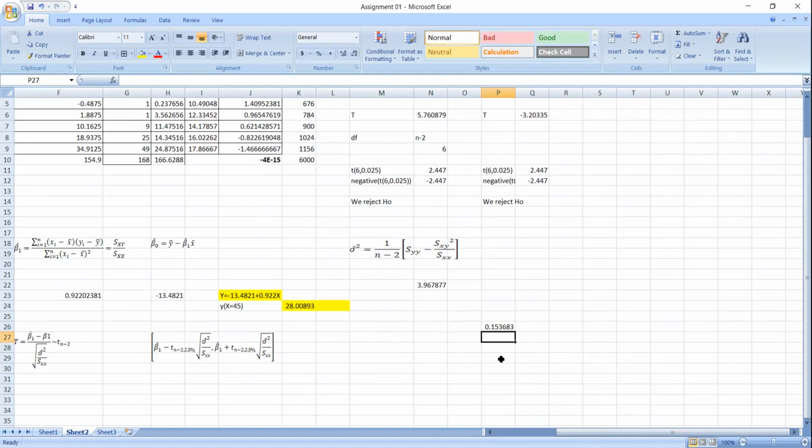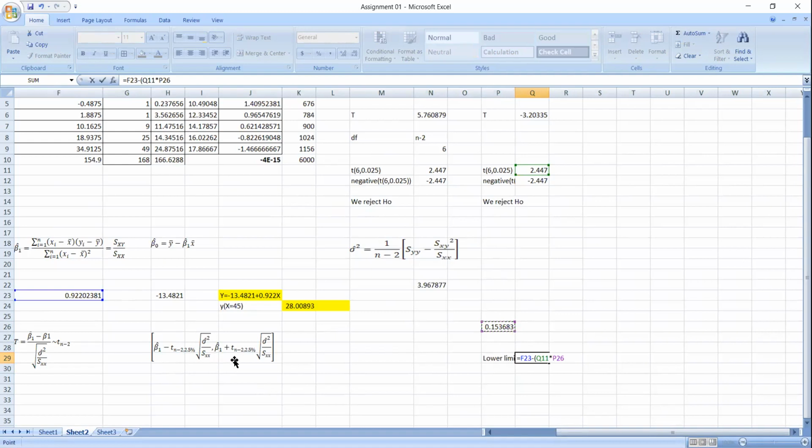I will find first the lower limit, right? To find the lower limit, what you have to do is lower limit is beta 1 hat. So the beta 1 is equal to this value, right? Beta 1 minus, now the table value we have to take 2.447, and that you have to multiply by this value, that is square root of sigma squared hat over sxx.